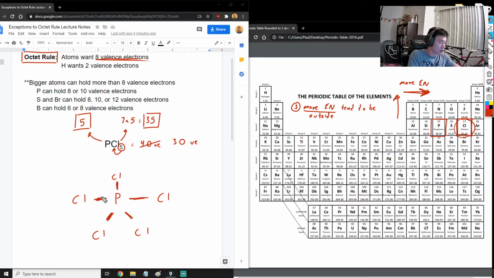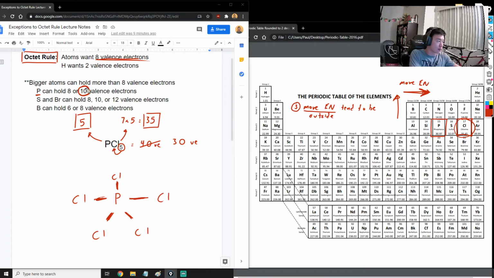It has 1, 2, 3, 4, 5 lines. Since it has 5 lines, phosphorus right now has 10 valence electrons. But phosphorus is one of those interesting atoms that can hold 10. So phosphorus is still good. You can leave phosphorus with 10 valence electrons.